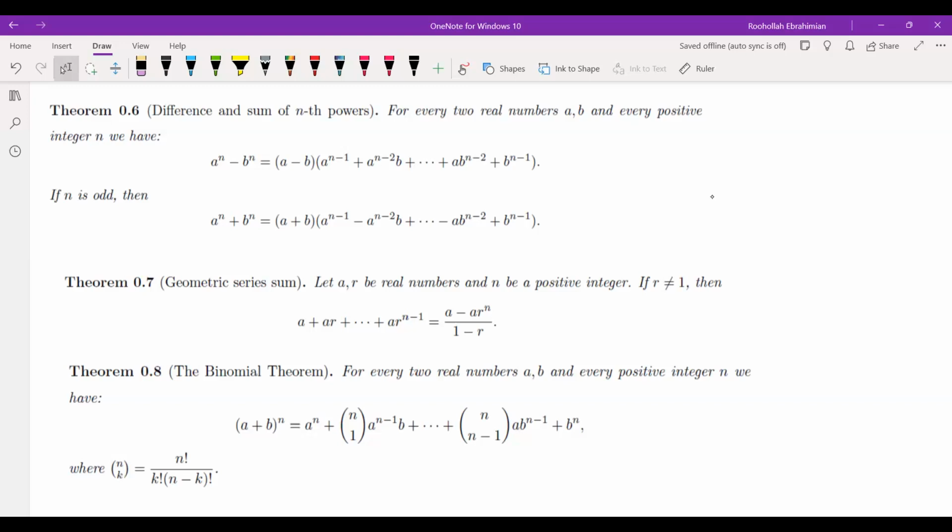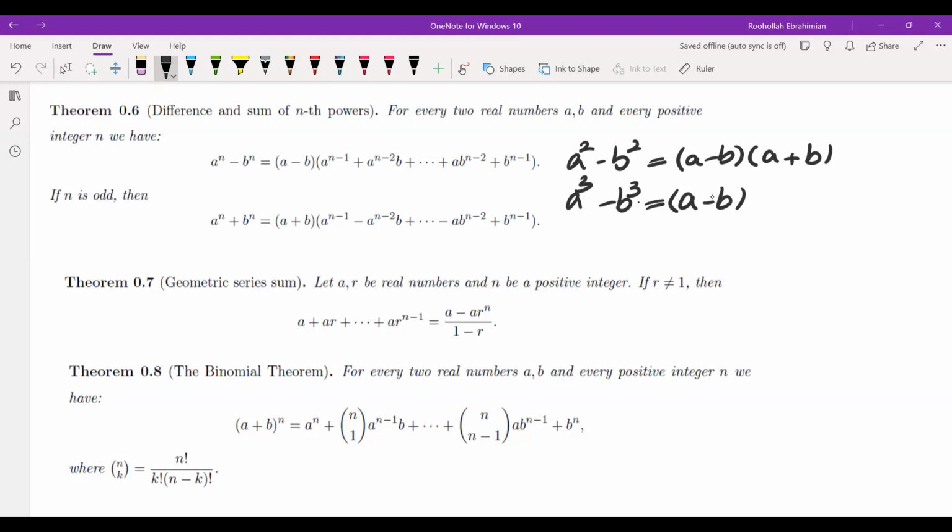As you see, the exponent of a keeps decreasing and the exponent of b keeps increasing. A special case of that is the difference of squares identity. So you have seen this identity before. And of course, difference of cubes is also something that you have seen in algebra.